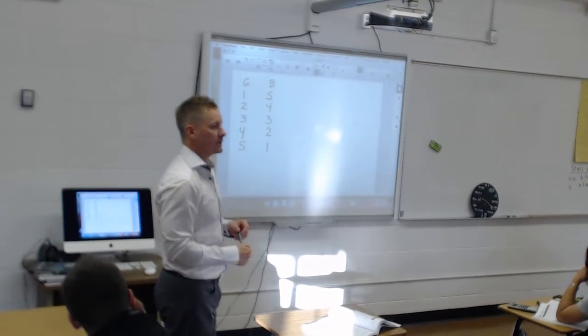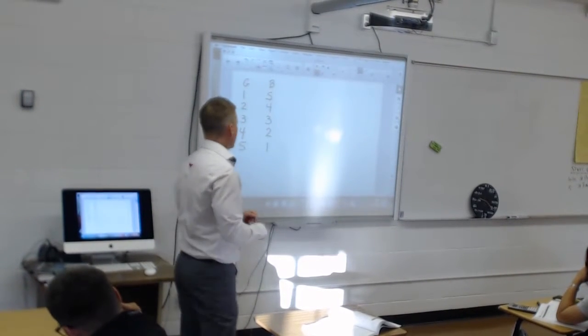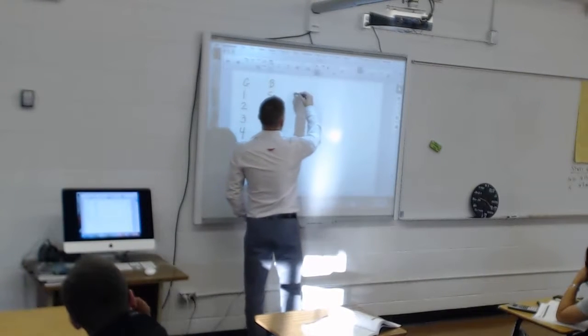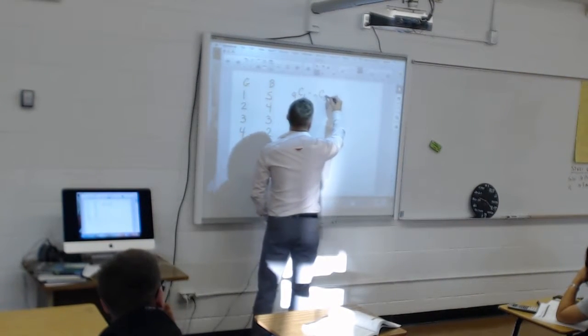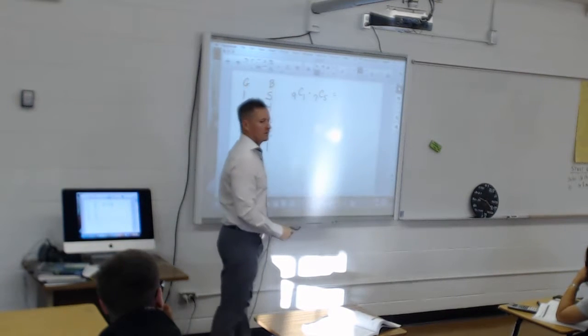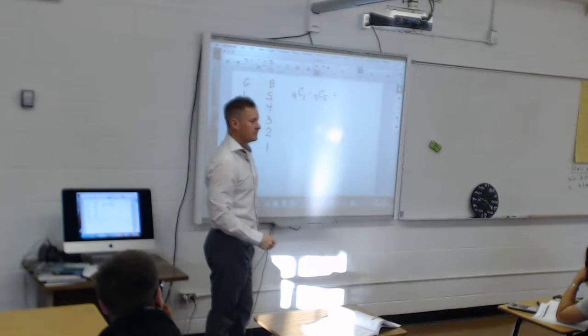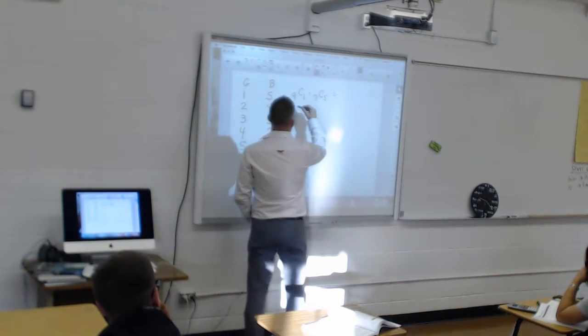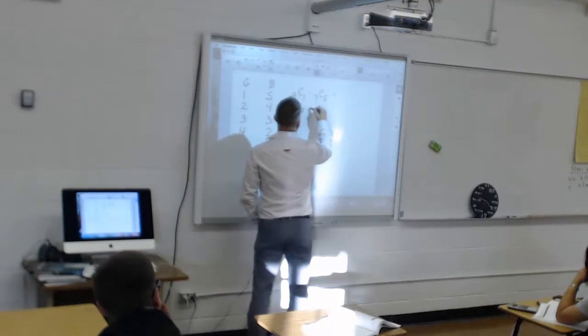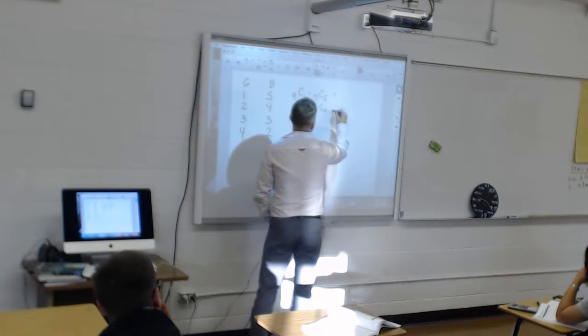And then I'm choosing 5 boys from how many? 7. So that works out like this: 9C1 times 7C5 equals. Okay, so far? Scenario number 2, I need 2 girls from the 9 and 4 boys from the 7. So I go 9C2, 7C4.